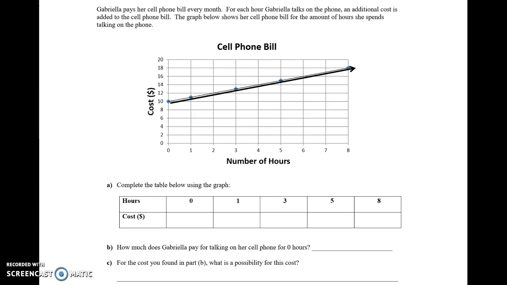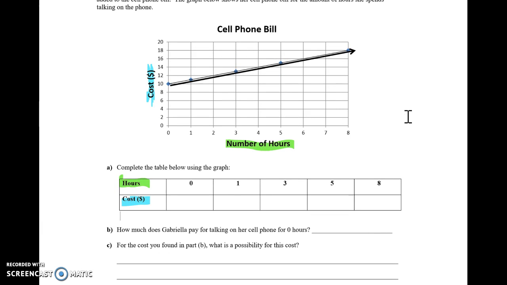All right, so here's our graph. We have the cell phone bill, the x-axis being the number of hours, and the cost being the y-axis. Part A tells us to complete the table below using the graph. Where the hours are 0, we're going to have 10.